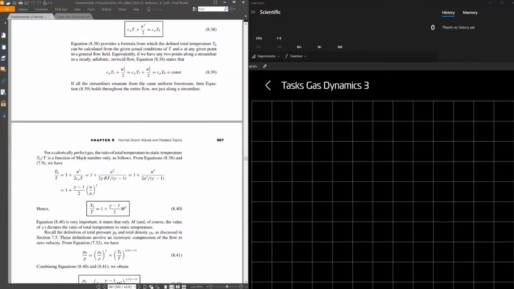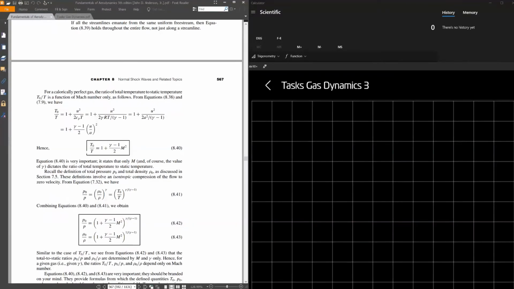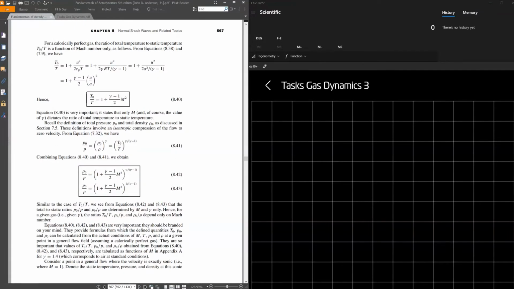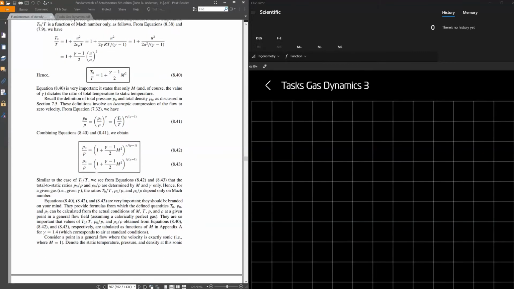Also, they give us the relation of thermodynamic properties to Mach number: pressure, density, temperature.